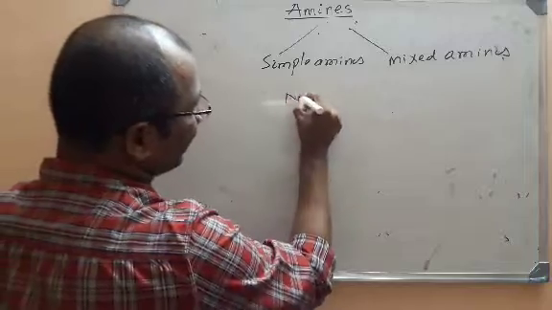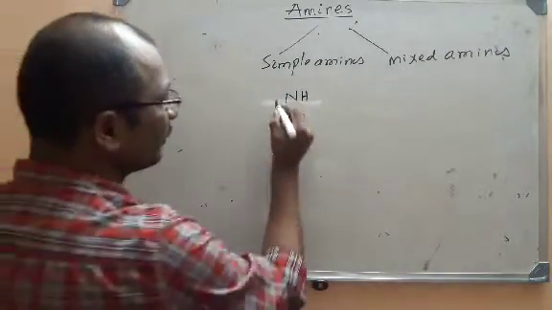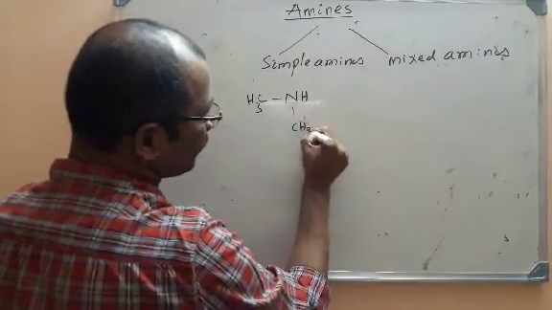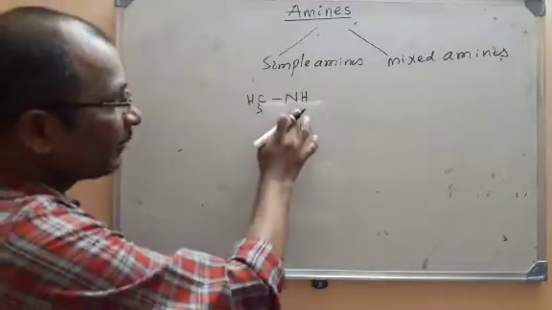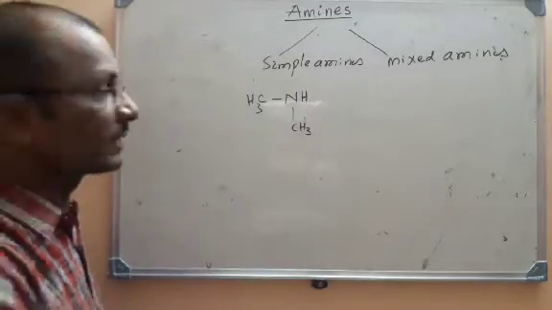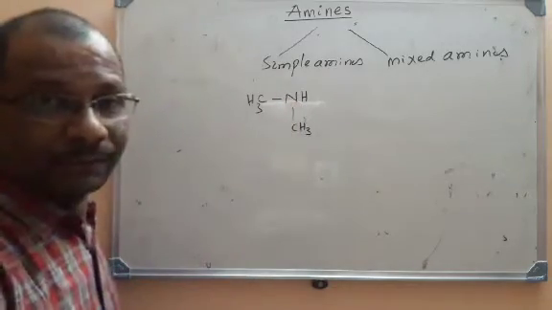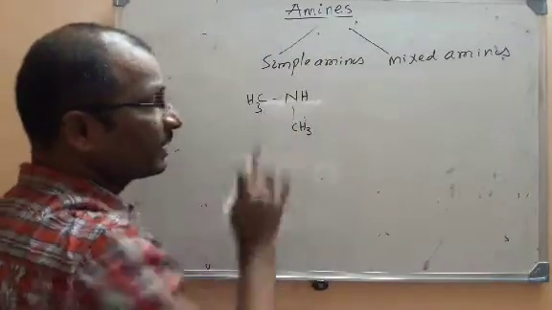I will take a secondary amine. What is the functional group in a secondary amine? NH. Now here this nitrogen is bonded to methyl groups. You can say both are the same groups. When the same alkyl groups are present on the central nitrogen atom in an amine, it is called a simple amine. Dimethylamine is a simple amine.